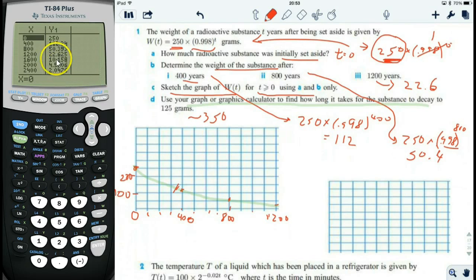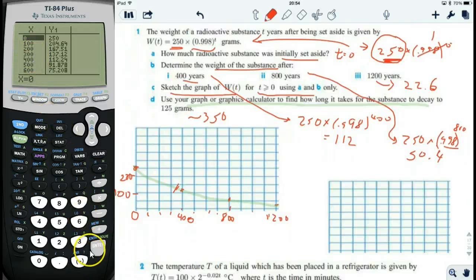Now, the calculator would be even better to estimate that. Instead of changing the step size to 400, let's change the step size to 100, and then we'll get a little bit better precision. Now let's see, when do we get to 125? Well, it looks like it's somewhere between 137 and 112, so maybe it'd be 350 looking at this.